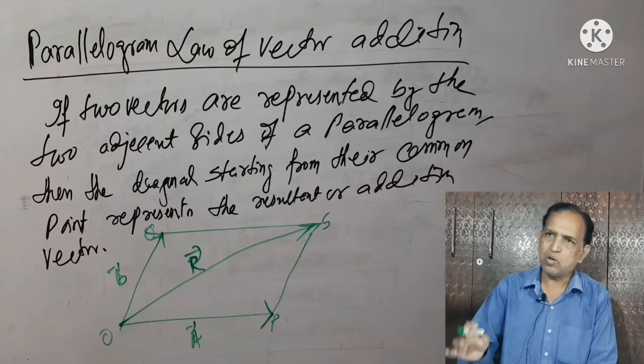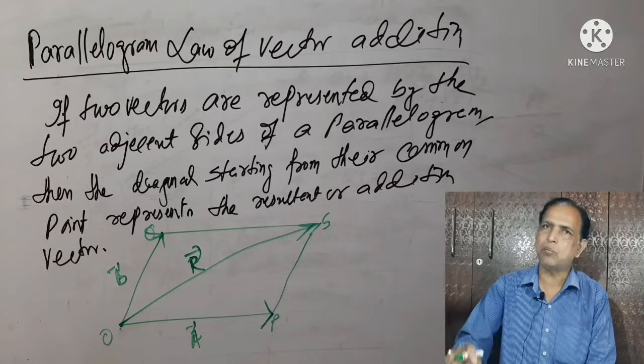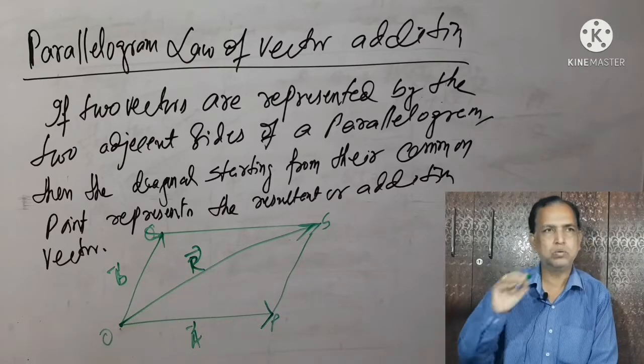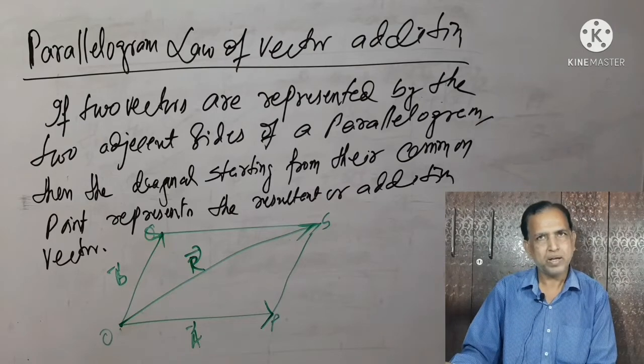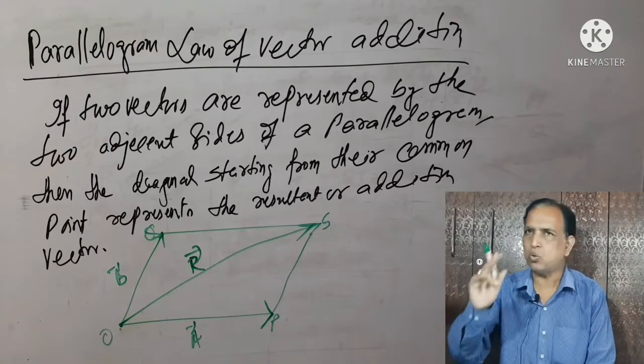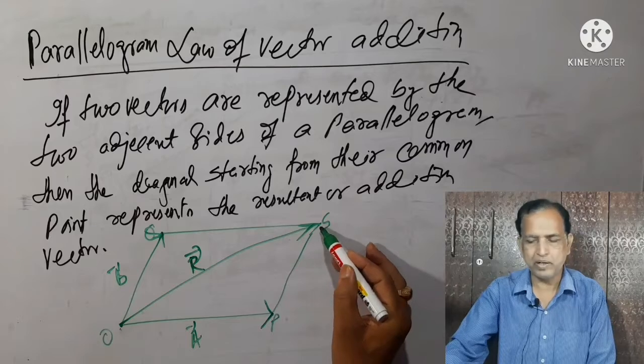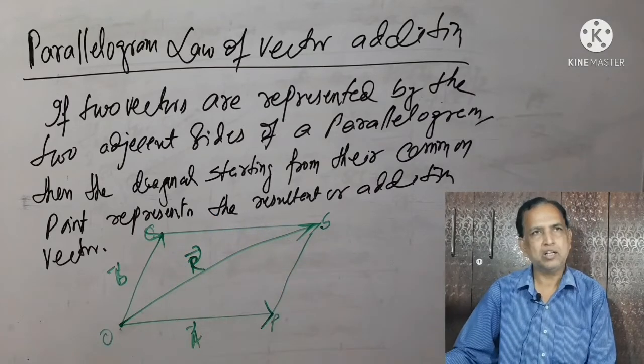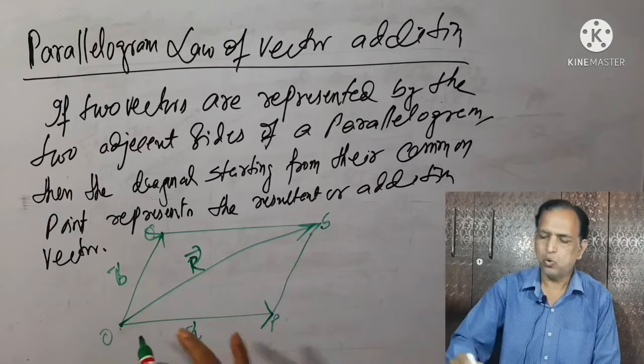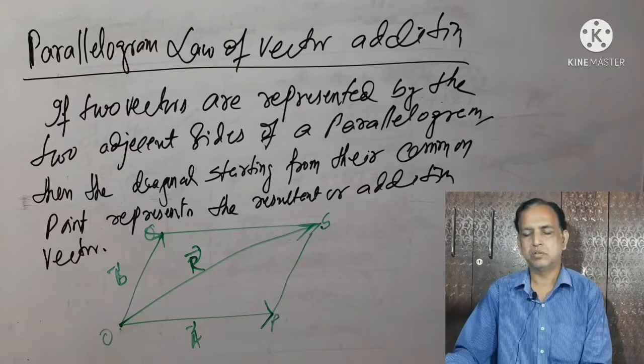So the diagonal starting from their common point, common point means O. Why? In a parallelogram there are two diagonals. OS is one diagonal, QP is another diagonal. But OS is the resultant.